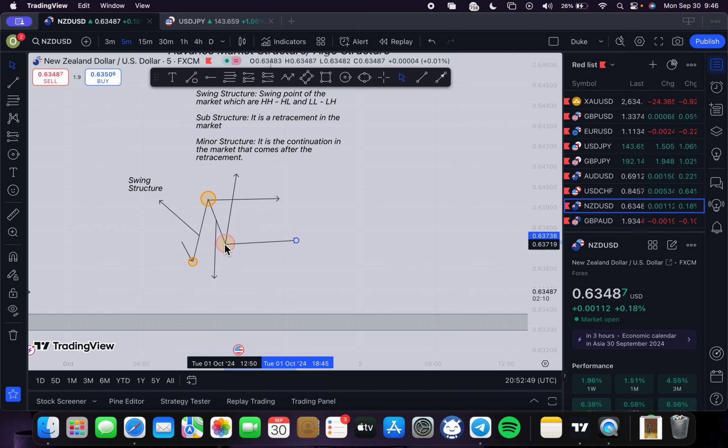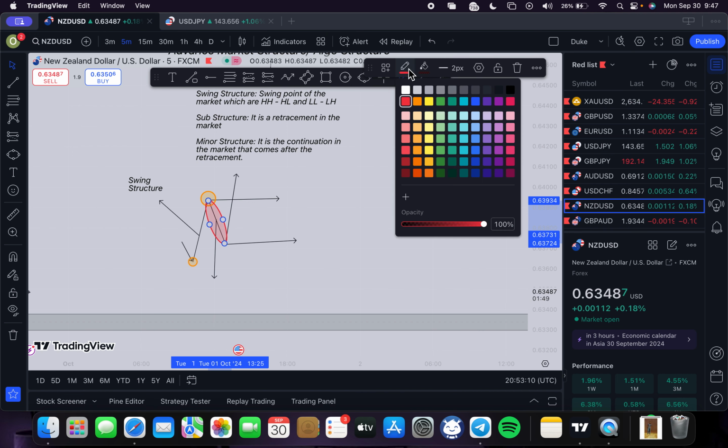Sorry, pardon me. Let me use another tool for this. Let me use this particular tool. That's the substructure, right? Exactly.